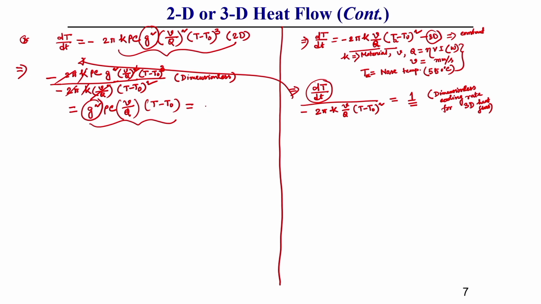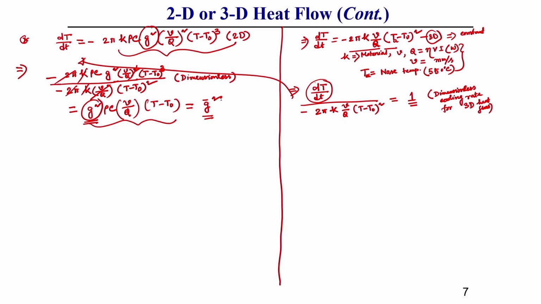So, here I am writing this is a dimensionless thickness, that I am representing in terms of G bar square, because here we are discussing dimensionless thickness. As the 2-dimensional cooling rate is a function of g square, and we are getting an equation which is a function of g square, that means the cooling rate ratio is a function of g square.